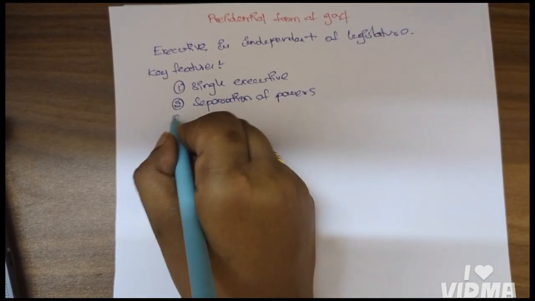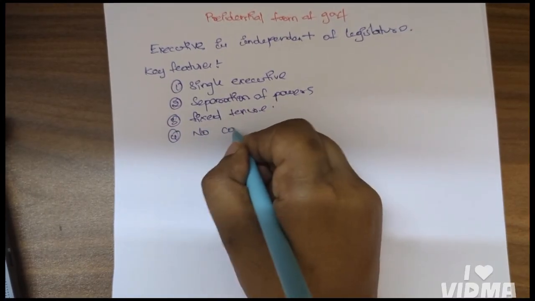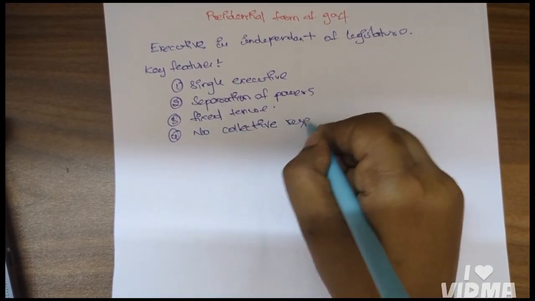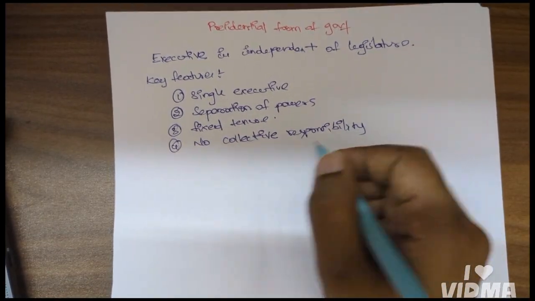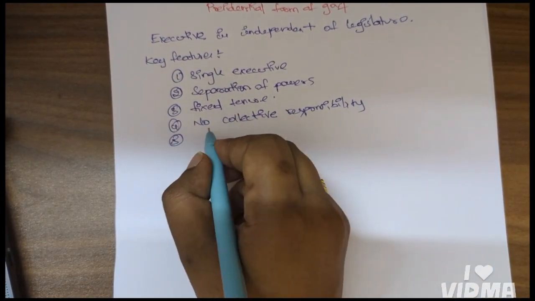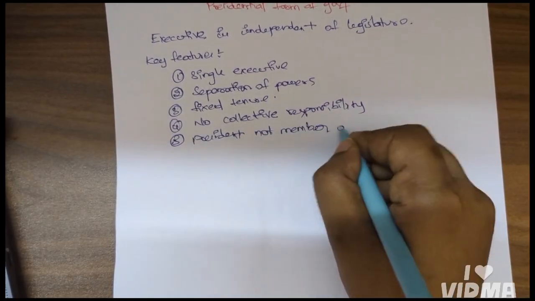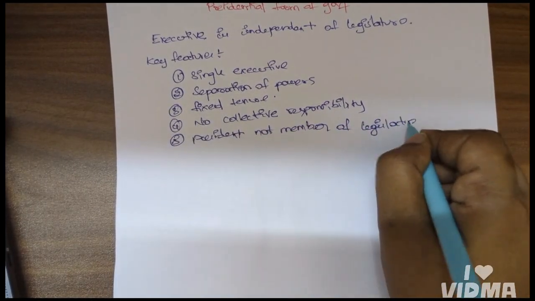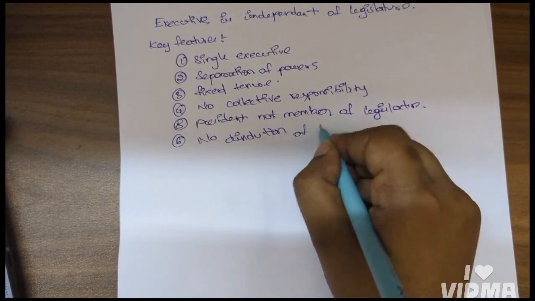Third one, fixed tenure. Fourth one, no collective responsibility. Fifth one, the president is not the member of legislature. Sixth one, no dissolution of legislature. Okay.